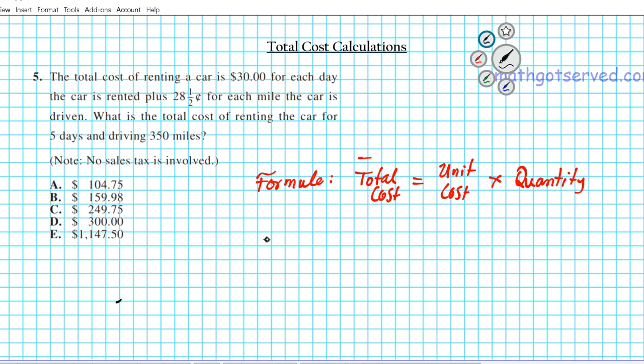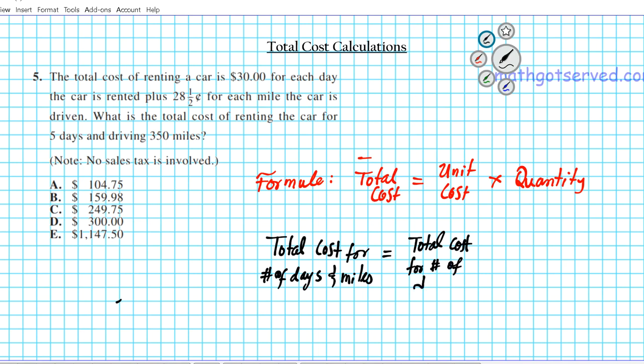So let's write it down. The total cost for number of days and miles as a composite total cost is going to be the total cost for number of days, combined with what?